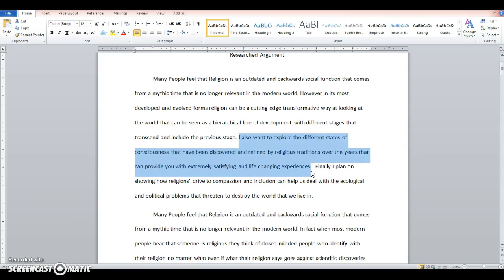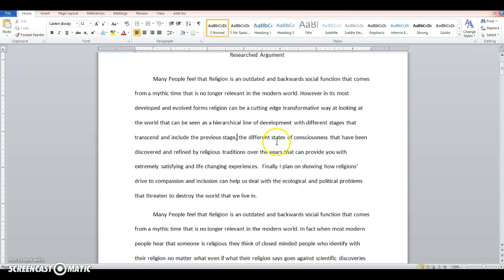I'm just going to take this out and use a comma. So it can provide a cutting edge and transformative way of looking at the world, because basically you're looking at it as a hierarchical line of development.